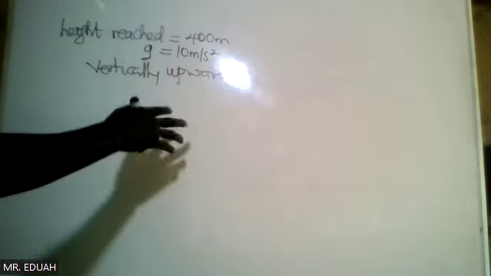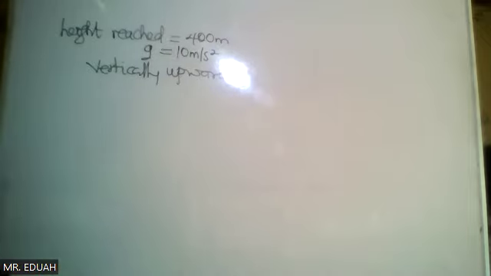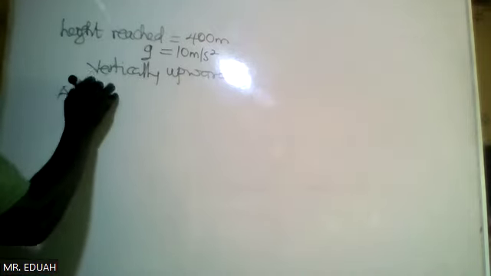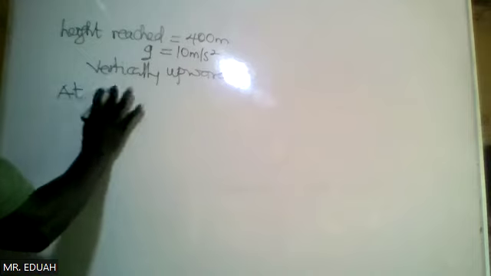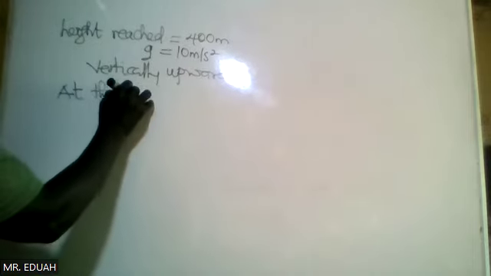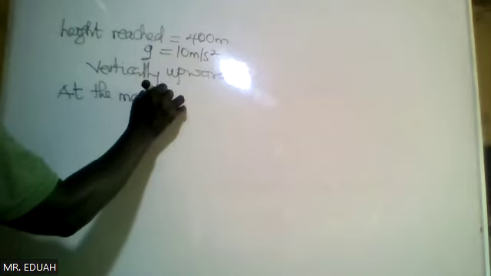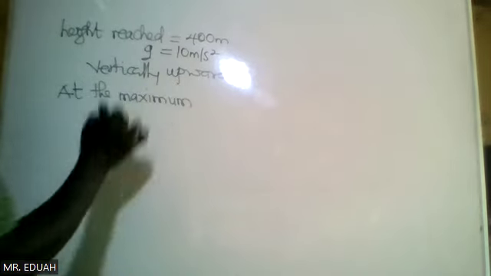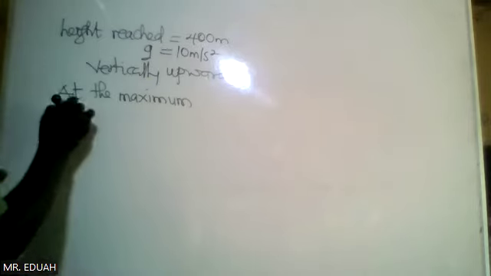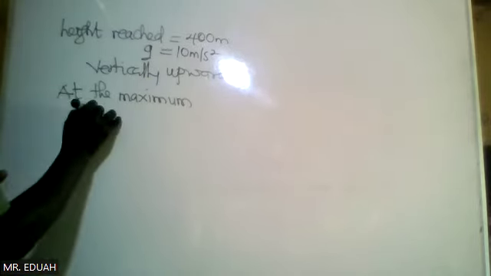So this is a vertically upward motion. If the rocket gets to the maximum height of 400 meters, what happens? The final velocity, don't just say velocity. At the maximum height, final velocity V is equal to 0.